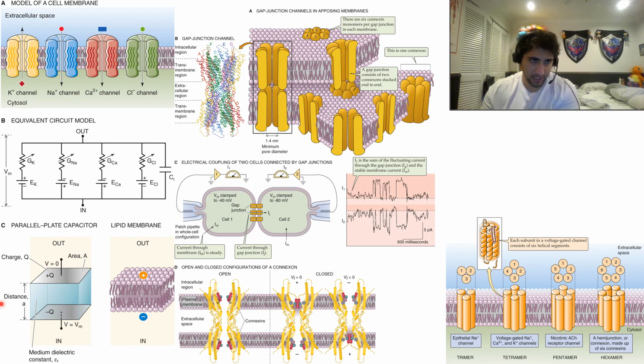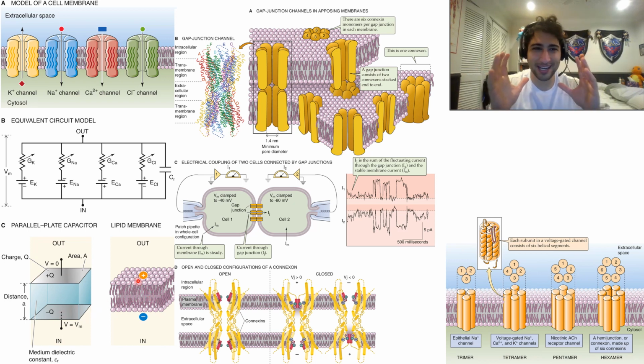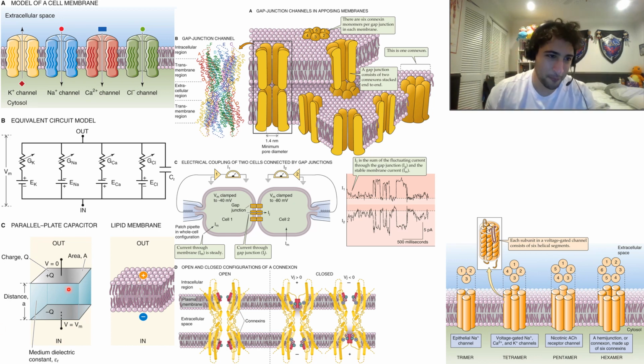All right, and then we come over here. As you can see, you have different channels, and each one is very selective for a specific ion. You have potassium, sodium, chloride, and calcium channels. You can see the two membrane layers form plates. So remember how things work in an electric circuit. You have your positive end plate and your negative end plate, and the distance between them generates an electric field.